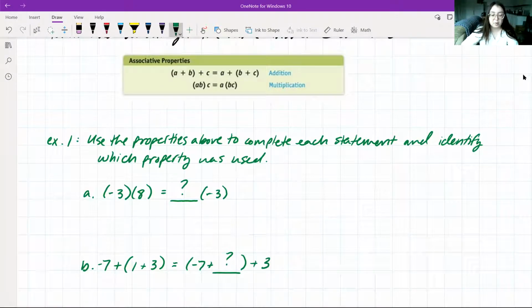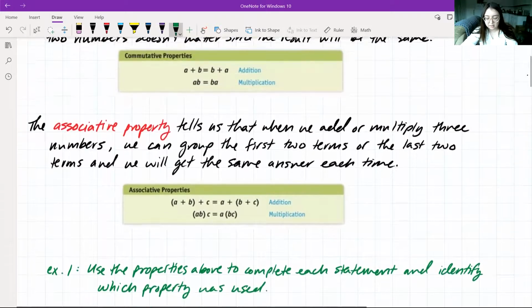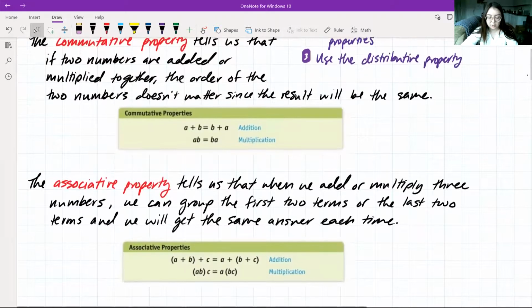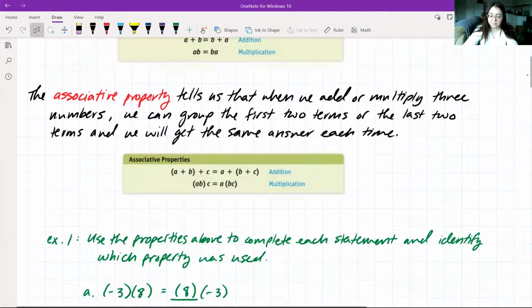Well, really the only other number that we could fill in for this spot to make this statement true is 8. So if we switch the order of -3 and 8, that's the same as using our commutative property of multiplication, since we say that A times B is the same thing as B times A.